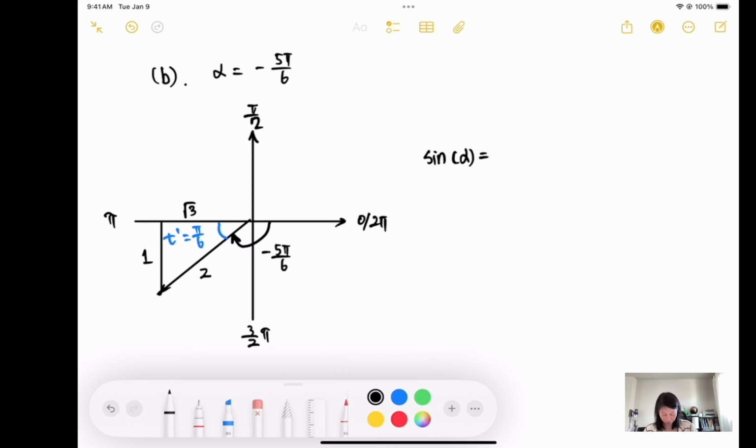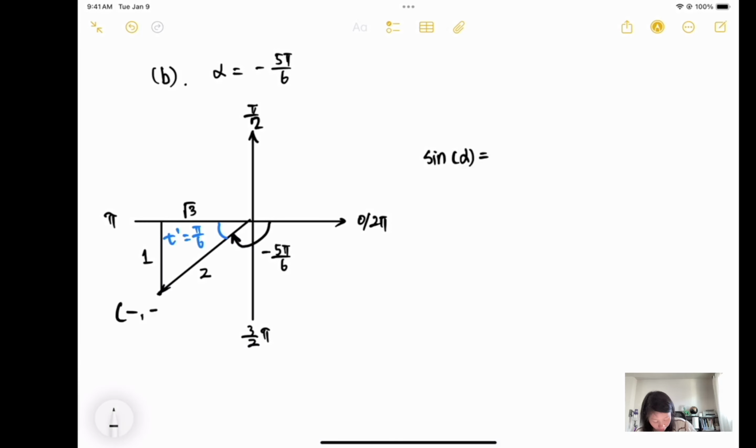This is our x value and y value; they both should be negative. So sine alpha is the opposite side over the hypotenuse, and we want it to be negative because it's in the third quadrant. And then cosecant is the reciprocal of sine, which gives you a -2.